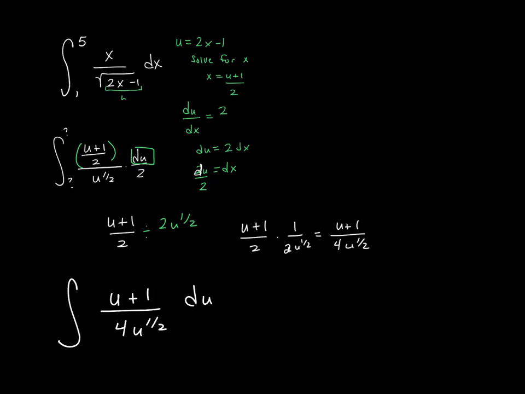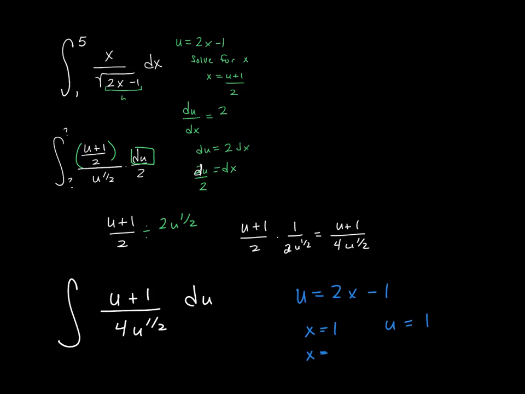Bring that du back down. Now let's put our limits in there. So again, for the limits of integration, I know that u is equal to 2x minus 1. So when x is equal to 1, u is also equal to 1.